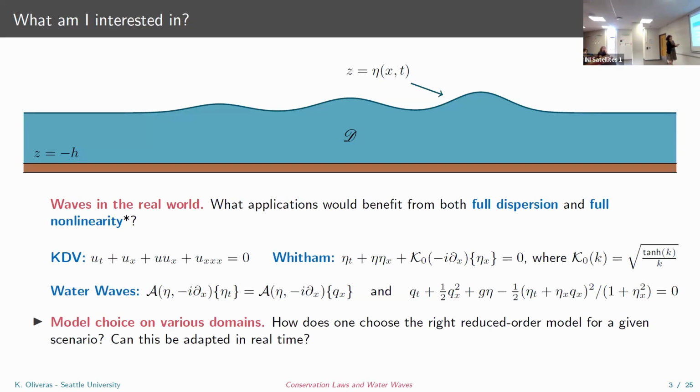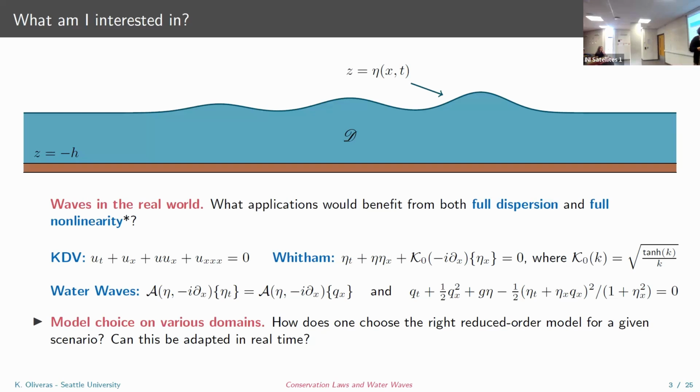But the price I pay in bringing all of the dispersion over is that now I have to deal with this pseudo differential operator with a symbol that looks like root tanh k over k, or in finite depth tanh kh. I lost the h on the slide.